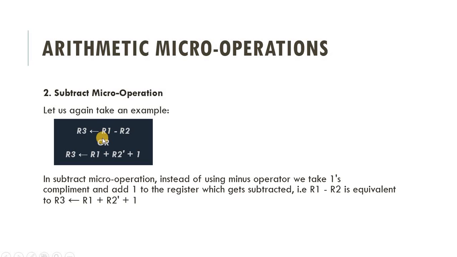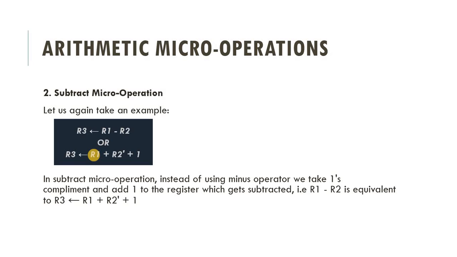So we can write this statement as R1 plus R2's complement, meaning the one's complement of R2, plus 1. This is how the actual statement is executed: first it calculates the one's complement of R2, then adds 1, and then the result is added to register R1. This is how we calculate the subtraction.